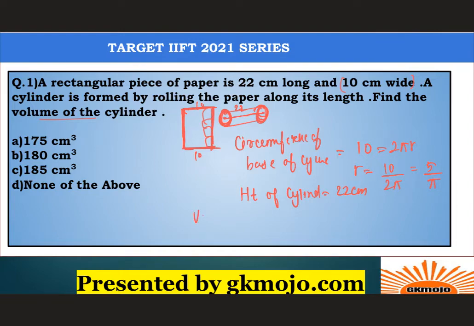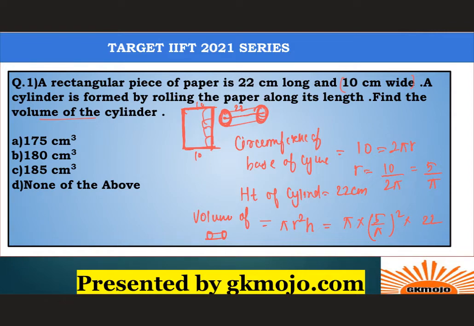Now what is the formula for the volume of a cylinder? The formula is pi r square h. So just place the values over here. Pi into what is the value of r? It is 5 by pi, squaring it, because it is r square, into h, which is 22 centimeter.